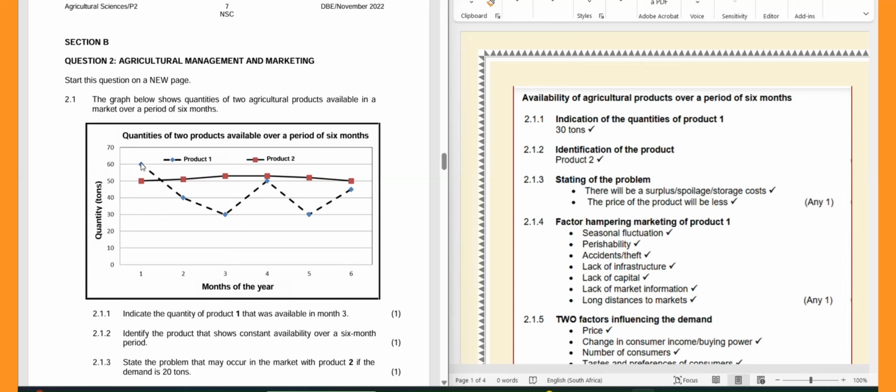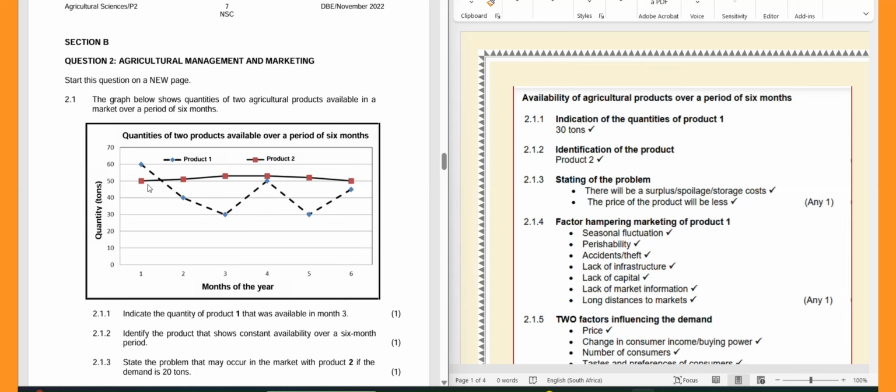Okay, so it starts here, then there is fluctuation. There are quantity fluctuations with product 1, right? Starts here, then goes down, then goes up again, then goes down and up again, right? Then with product 2, you can notice it by this square shape, okay?